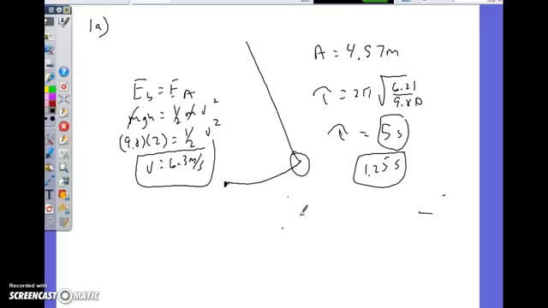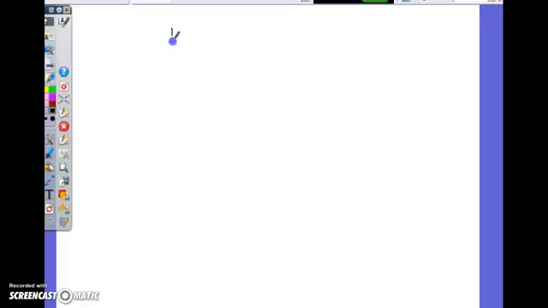H. Sketch the amplitude versus time for the first 15 seconds. So, amplitude versus time. We just said the amplitude was 4.57. And this is 5 seconds, this is 10 seconds, this is 15 seconds, right? You go through a full cycle every 5 seconds.